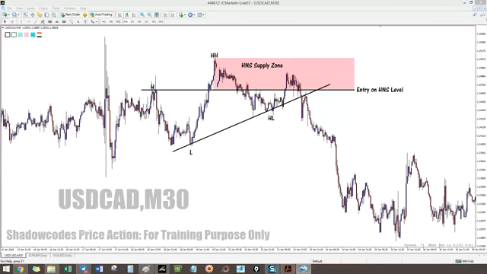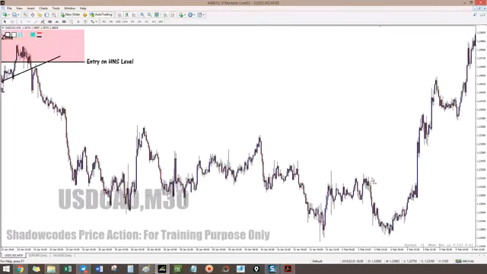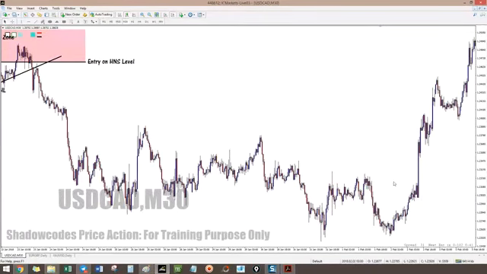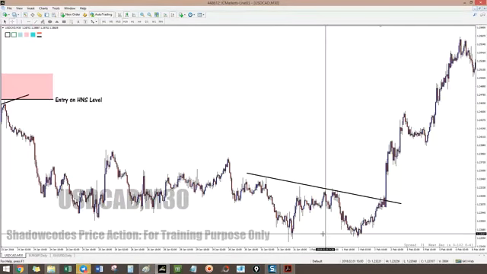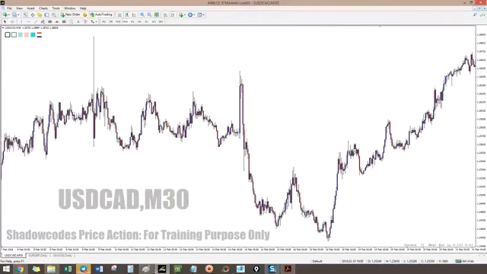Okay, so I want you to find supply and demand, so let's mark another two. This is also an HNS, a low, high, low, low, and it does not break like this, but it floats too much. So let's find a better one.